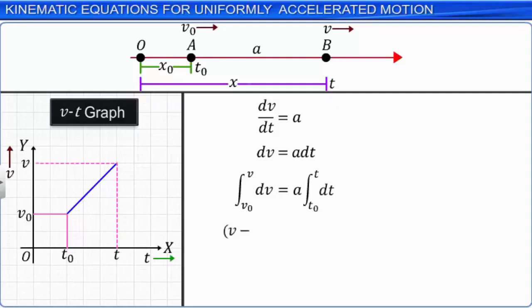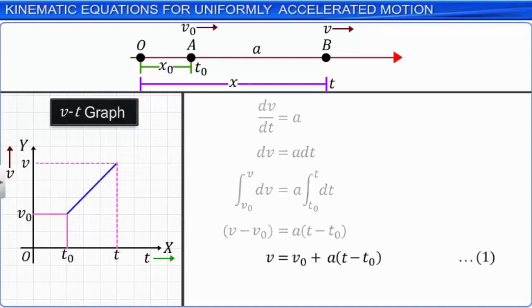Rearranging the equation, v equals v naught plus a into t minus t naught. This is equation 1 of motion. We know that dx by dt is equal to v.